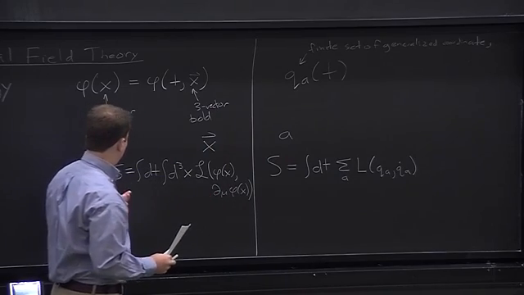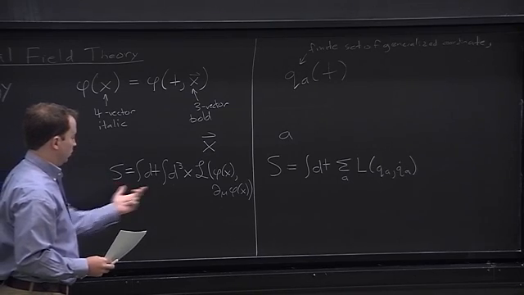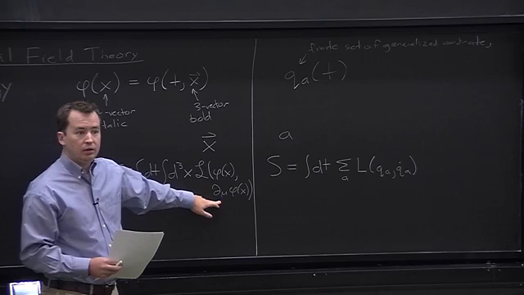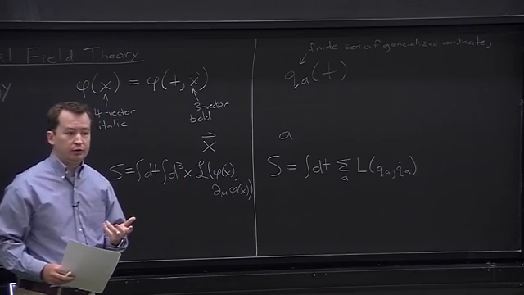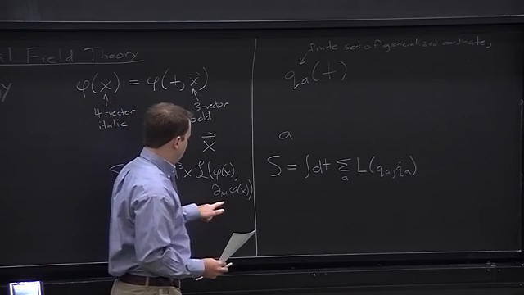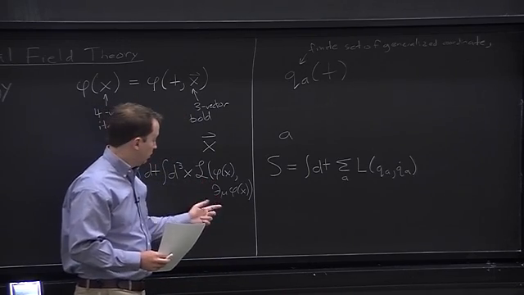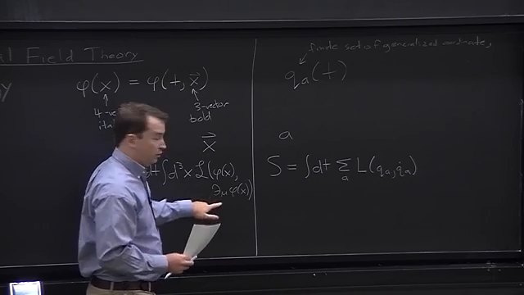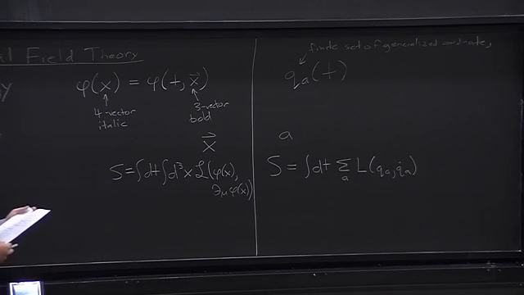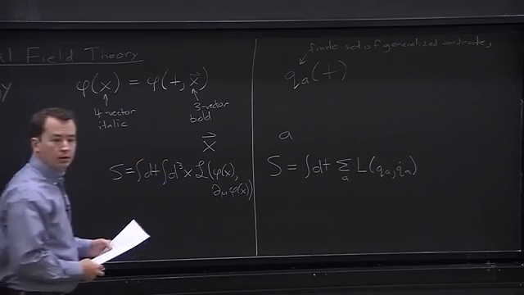And if we want our action, or even Lagrangian, to be Lorentz invariant, then every time we have a time derivative, we should also have spatial derivatives. So we're not going to be able to construct a Lorentz invariant Lagrangian, which is the only type we're going to be interested in, out of time derivatives without the same number of spatial derivatives.